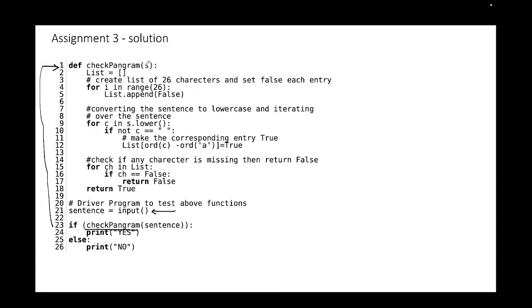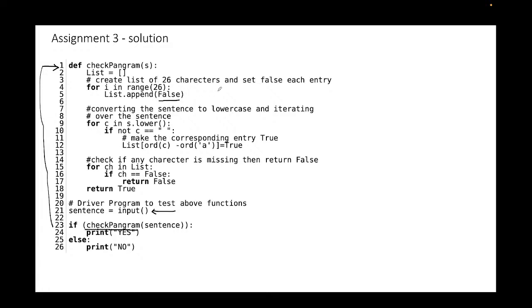So over here the sentence S is taken as input. An empty list is created. After this empty list is created, we are adding 26 elements to this list, and each of the elements is false.